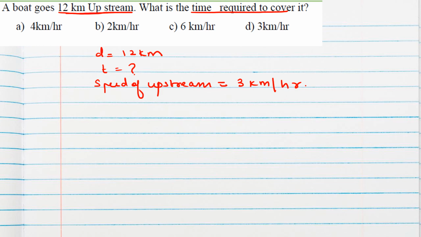Using the speed distance formula again, speed is distance by time, so time will be distance by speed. This time the distance for upstream is 12, the speed of upstream is 3, so finally 4 hours of time is required. So option A is correct.